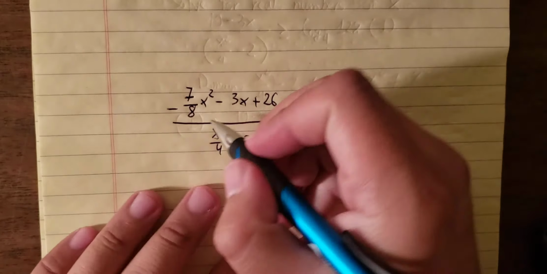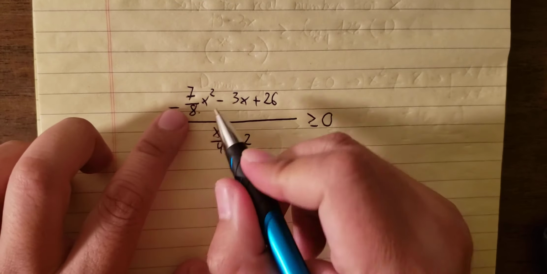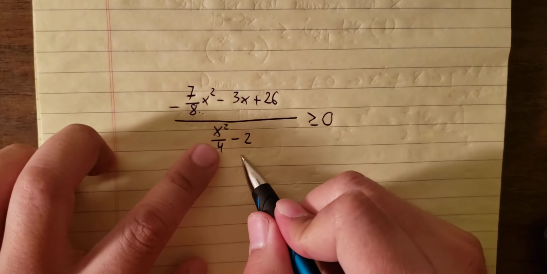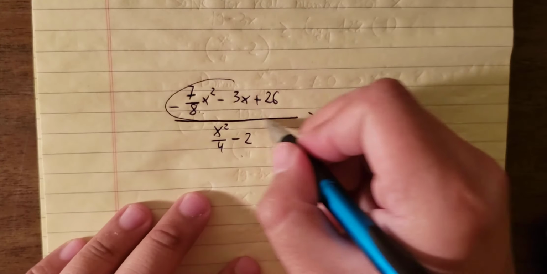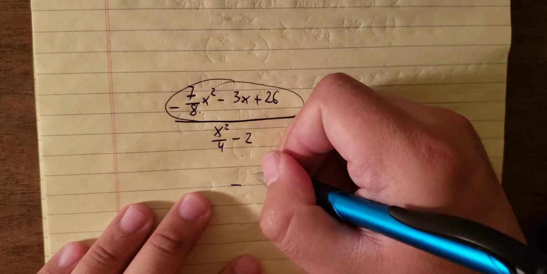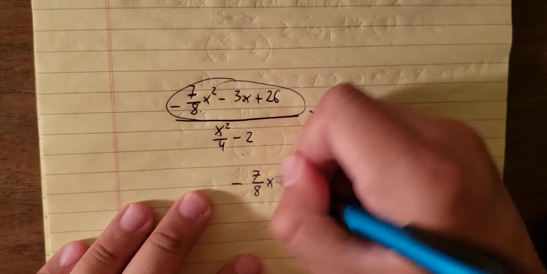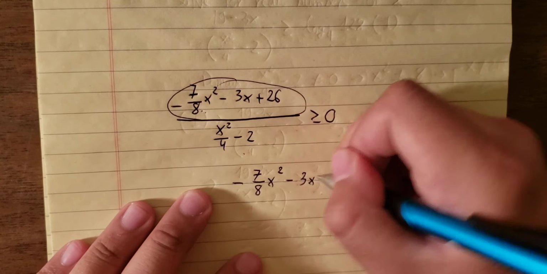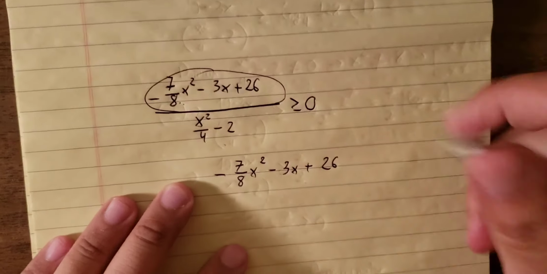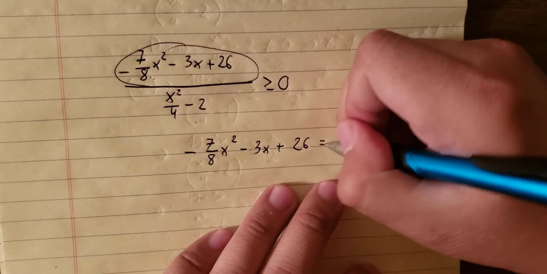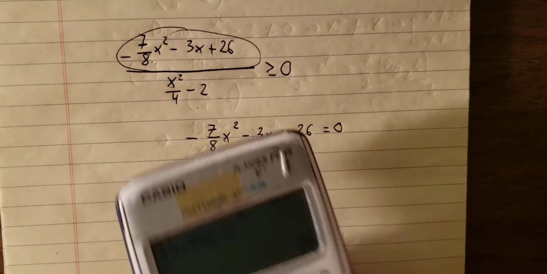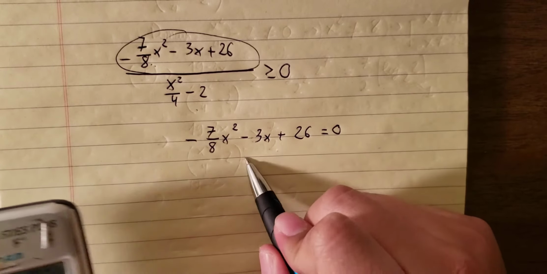Now we need to consider the numerator and denominator. About this one in here, we need to put it equal to number 0, so we can find the solution of this one.